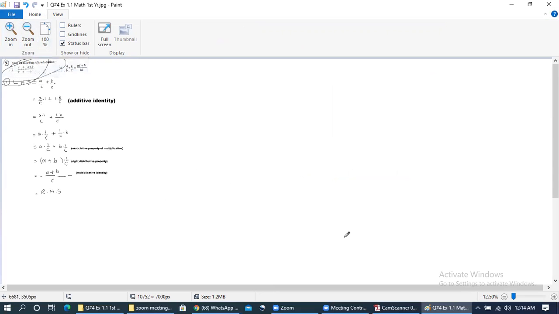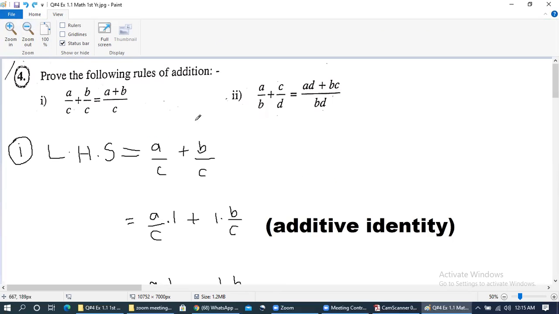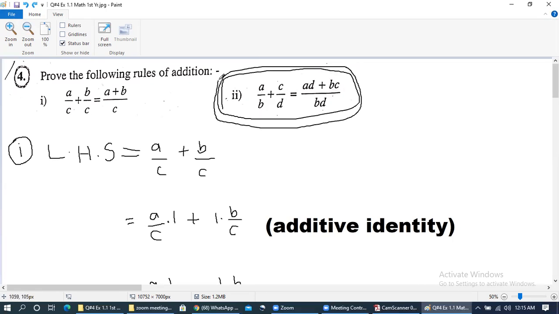Now we'll be looking toward the second statement. According to the second statement, this is part 2, which is A by B plus C by D is equal to AD plus BC whole divided by BD.